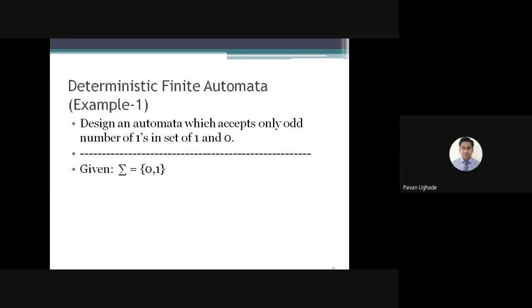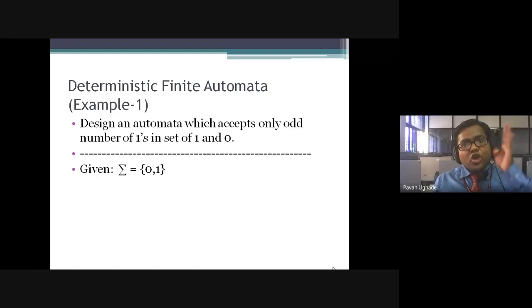Now, by understanding these, can you tell me some of the strings which can be accepted by this language? What is this problem statement saying? It should accept only an odd number of ones in a set of 1 and 0. There can be a lot of strings possible with 1 and 0. So it should accept only the strings which have an odd number of ones.